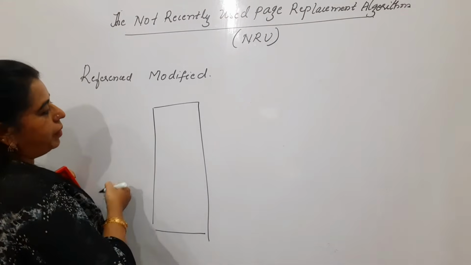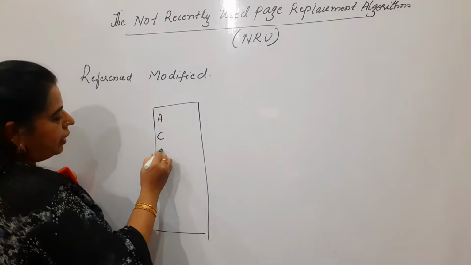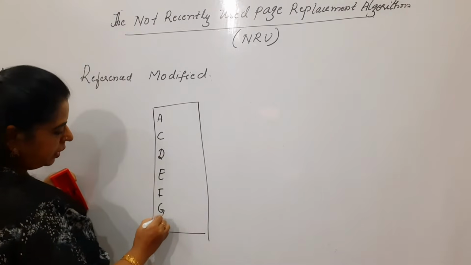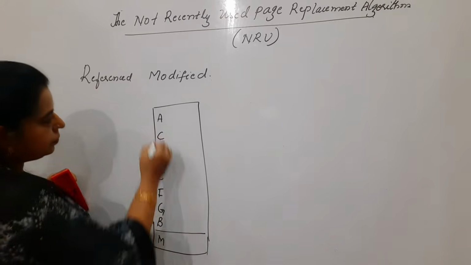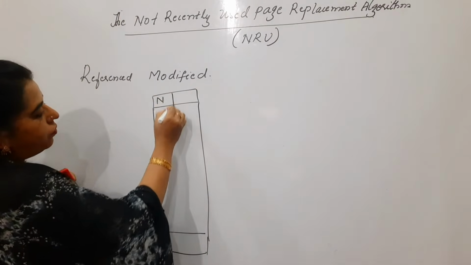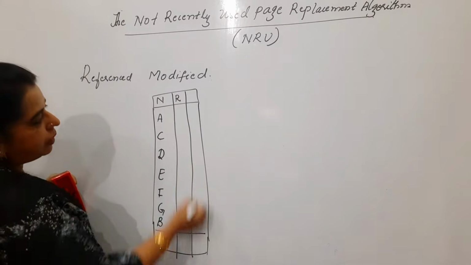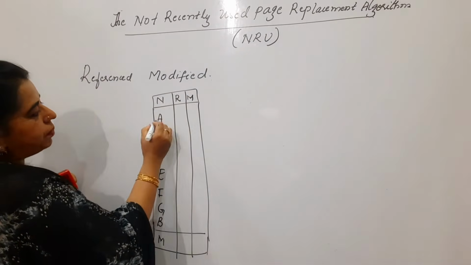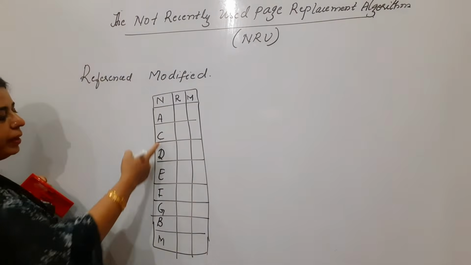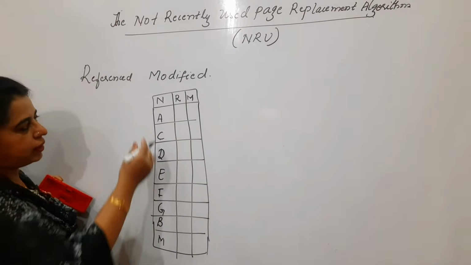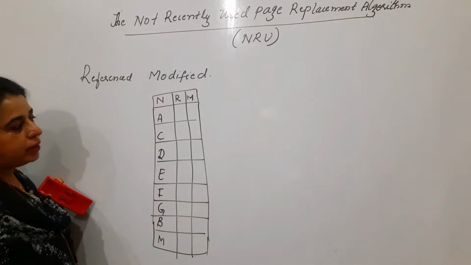So you have the pages here, and let me just write down A, C, D, E, F, G, B, something like this, randomly, M, N. For each of these pages, one will be the reference bit value and another will be the modified bit value. Simply, just for the sake of understanding, I have taken only a few pages here, 1, 2, 3, 4, 5, 6, 7, 8, 9. Like this I have taken the pages.